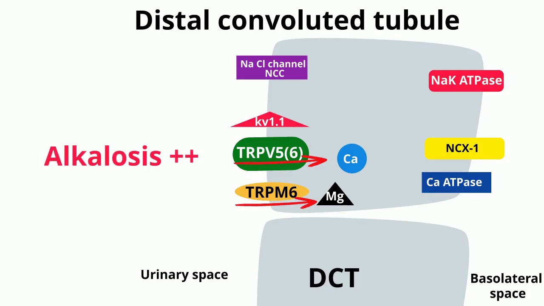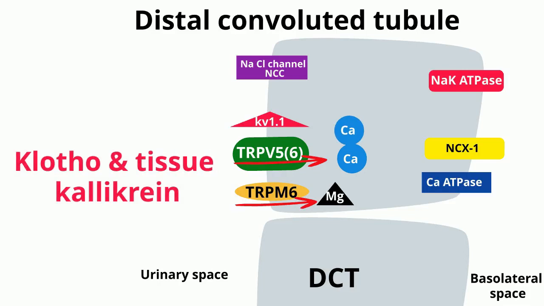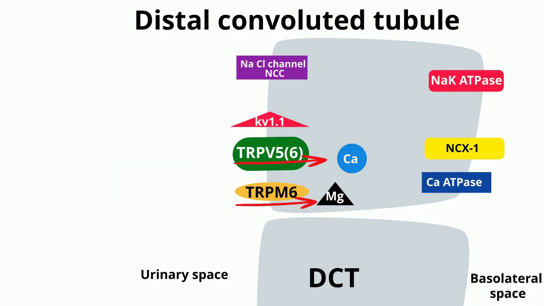Alkalosis. When your patient has alkalosis, they reabsorb calcium. Klotho and tissue kallikrein, which activates the bradykinin 2 receptor, also increase TRPV5 activity. TRPV5 is the gatekeeper of active calcium reabsorption.